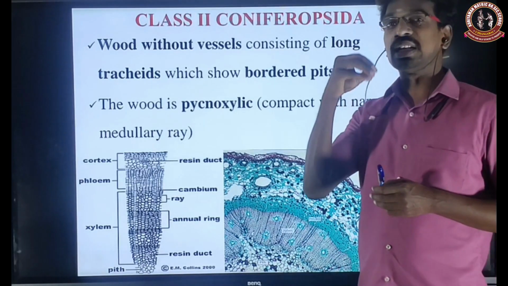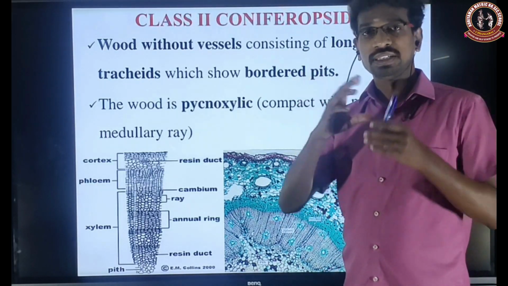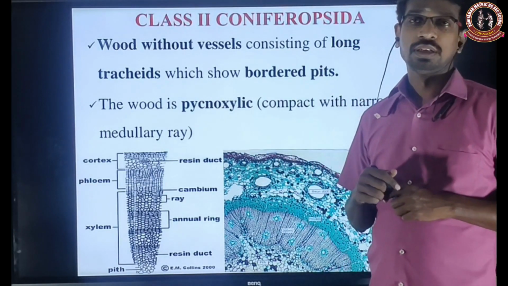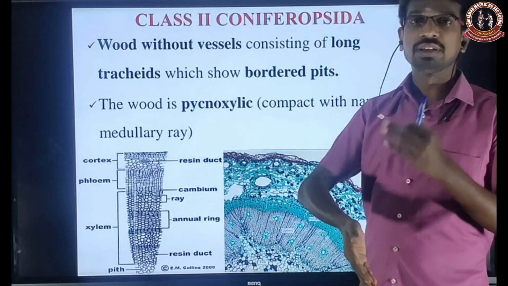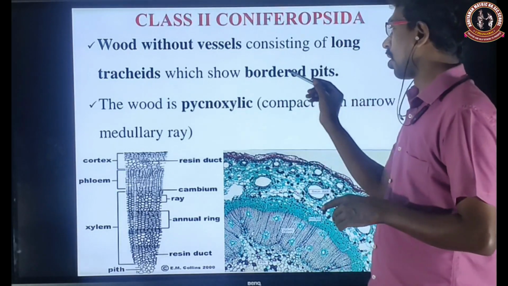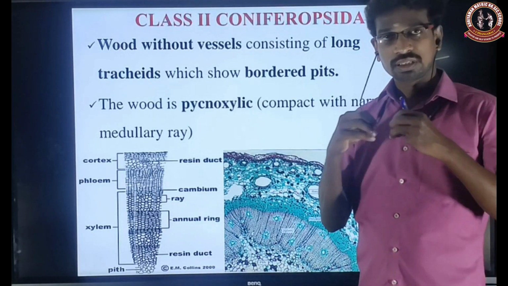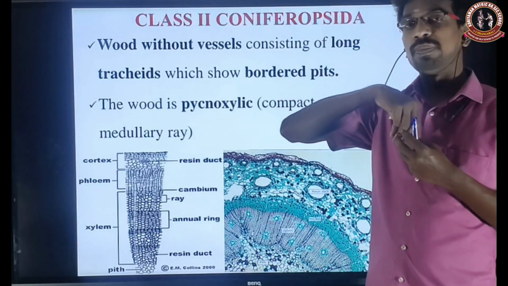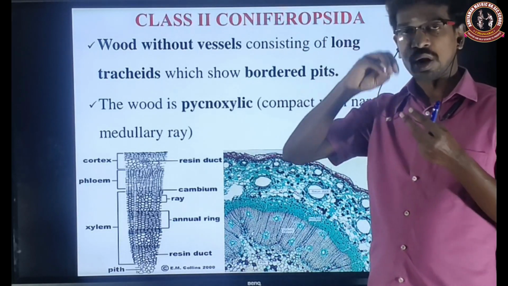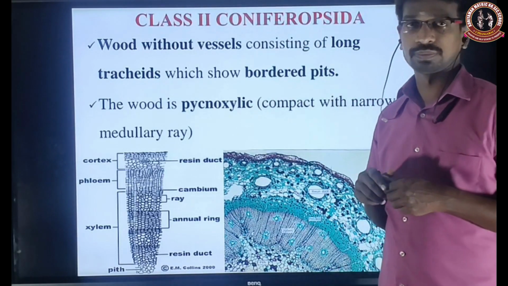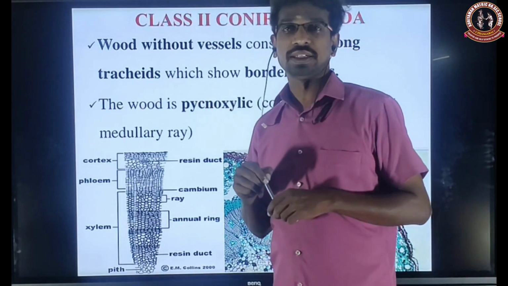The bordered pits help to conduct water in the radial direction, while the tracheids conduct in the longitudinal direction. They also transfer water from one tracheid to another. So mostly the tracheids are imperforate.